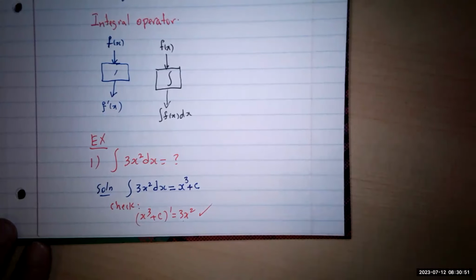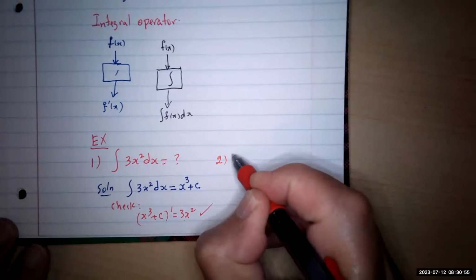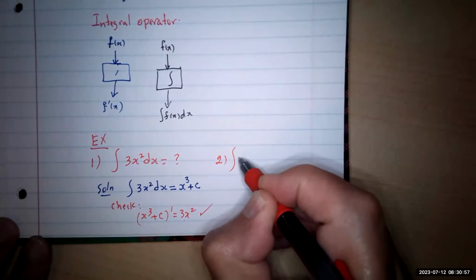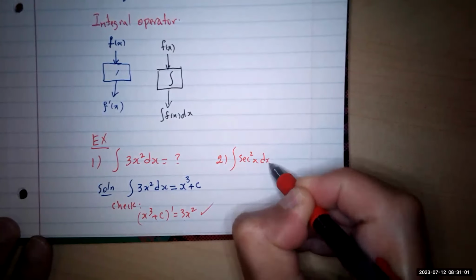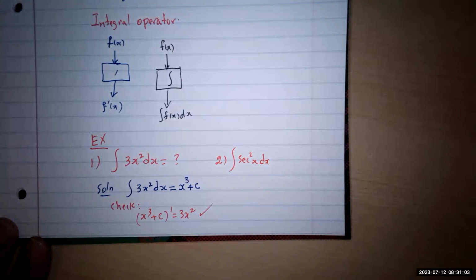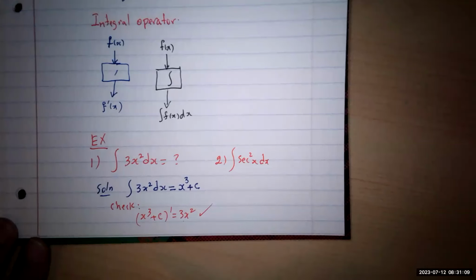Let's guess one trigonometric, and then we go to the formula. You want to find the integral of secant square of x. So what does it mean? This means I would like to find a function whose derivative is secant square. Can you guess?